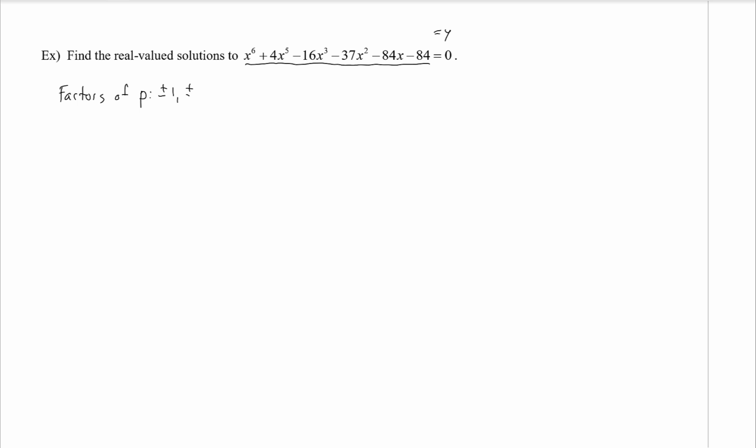We know 2 goes in there. We know 3 goes in there. 4. 5's not going to go in. 6, no. Let's see, so 6. 7 does.